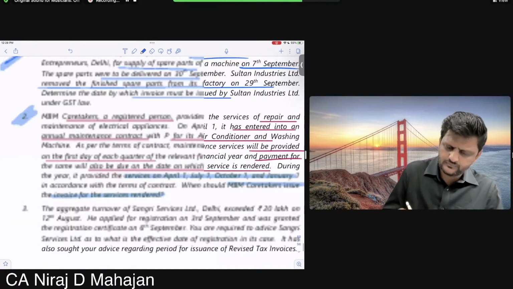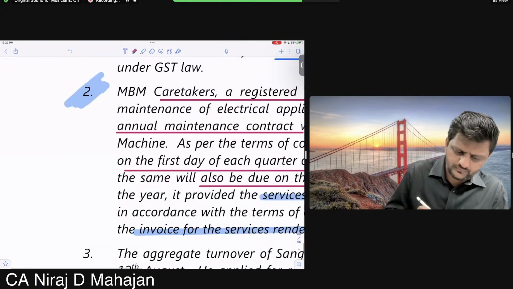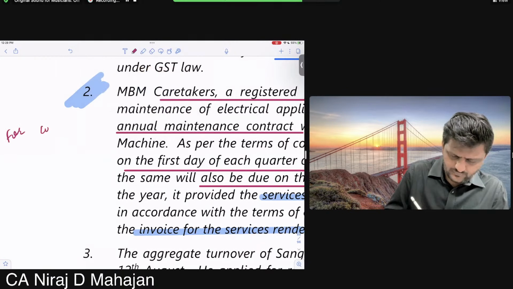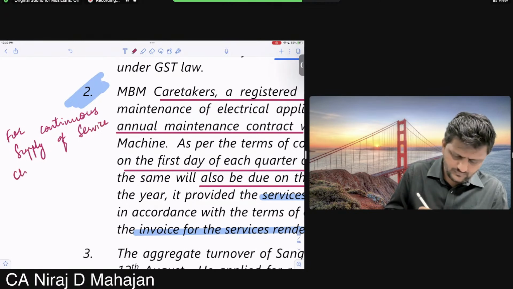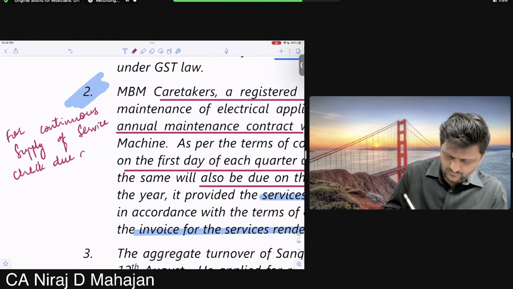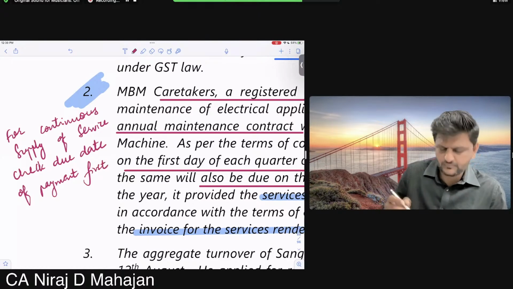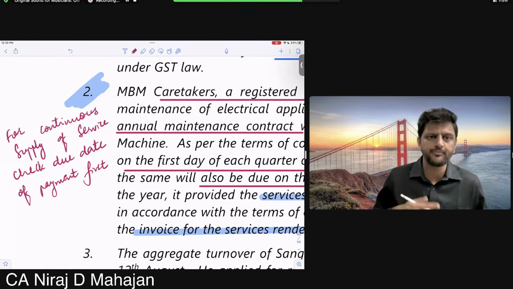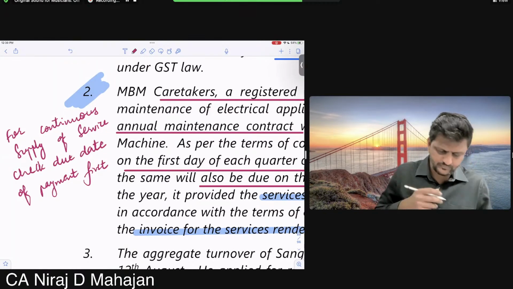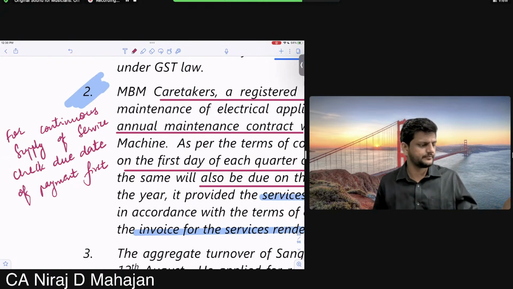Check the due date of payment first. Understood, everybody?